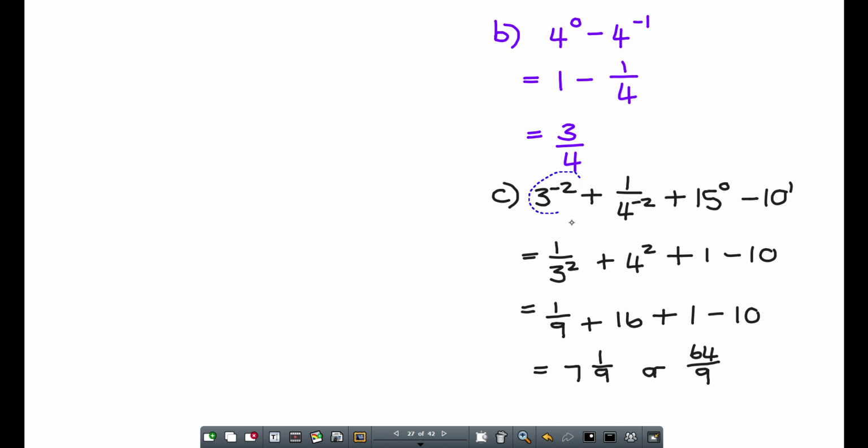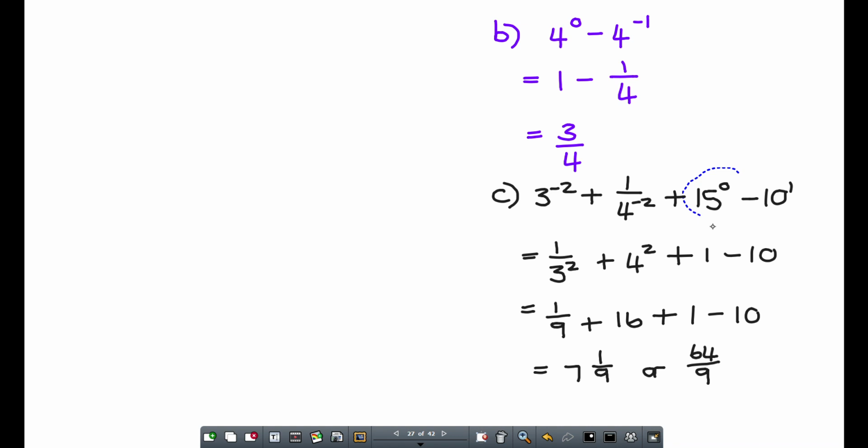So 3 to the power of minus 2 is actually 1 over 3 to the power of 2, and that is a 9. Then 1 over 4 to the power of minus 2. To get that exponent positive, I'm going to move it to the top. So it becomes 4 to the power of positive 2, actually over 1. But we don't have to write the over 1.